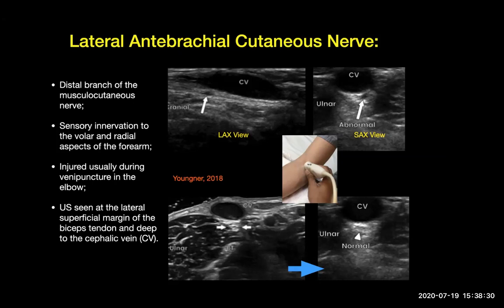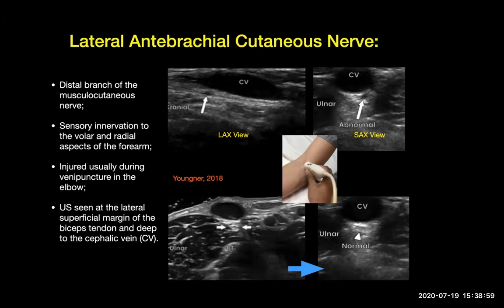Usually this happens for those of you who are doing procedures and trying to get peripheral blood at the elbow. Sometimes when you prick your patient to extract blood, you go through and through. You puncture the cephalic vein, not knowing that there is a nerve right there.